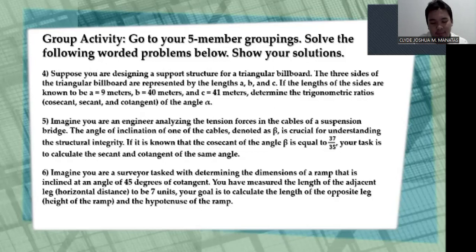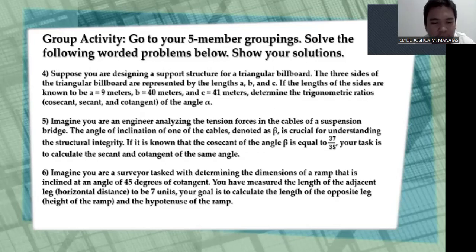So what's the answer? Okay. So cotangent 45 degrees is equal to 1.